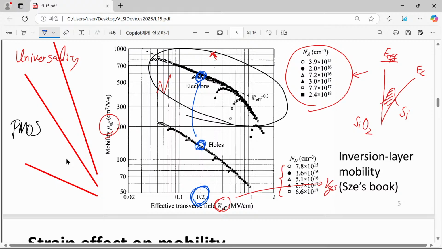Therefore, in order to match their drivability, you have to introduce a wider PMOSFET. The factor is usually taught as 2 or 3, because here we have a certain difference, and this difference corresponds to 2 or 3. So that was the situation we had previously.